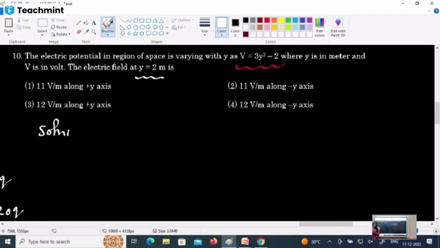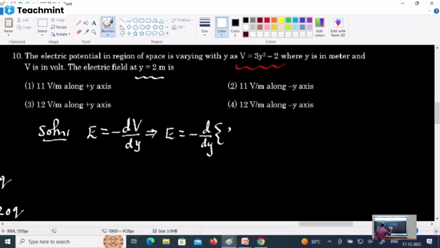The electric field E is equal to negative of dV by dx, or dV by dy. That is, electric field E equals minus d by dy of 3y squared minus 2. Differentiation of the first term will give you 6y. Differentiation of the second term will give you 0. So minus 6y.